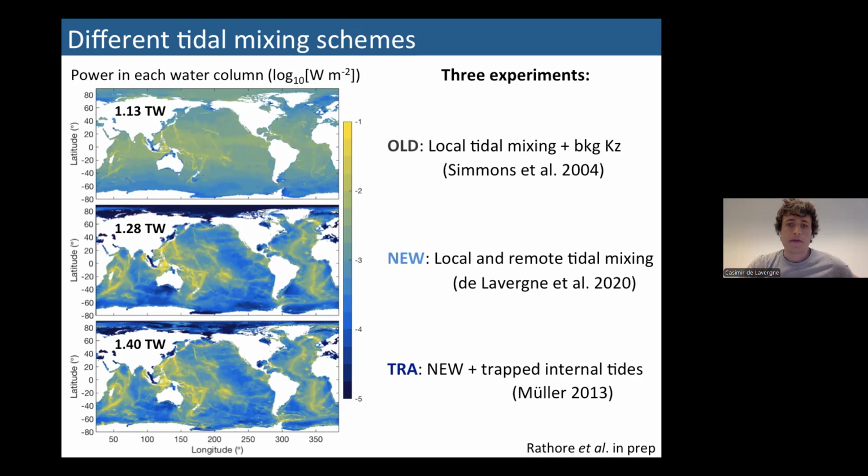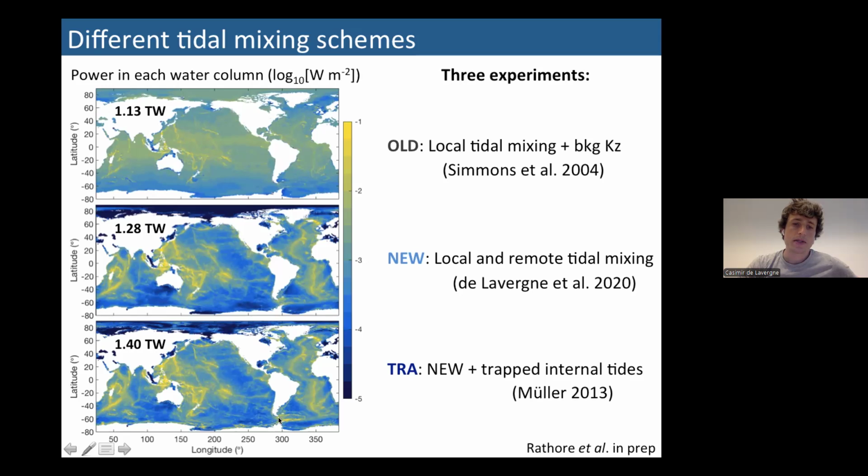And then finally, I have a last simulation. Maybe I'll just say a few words about this, where I used the parameterization I described, but I added subinertial bottom trapped internal tides based on Muller 2013. So I used Muller's estimate of subinertial internal tide generation, and I added this to the parameterization.